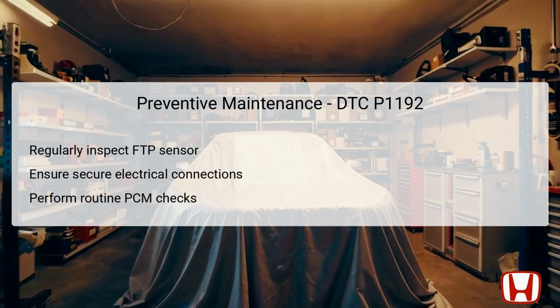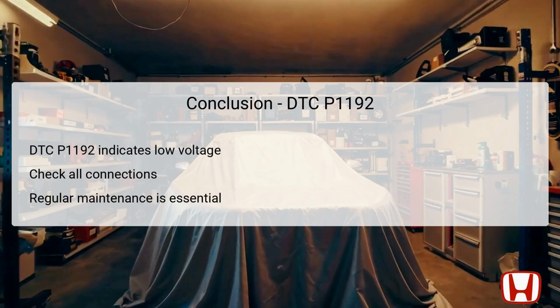By actively engaging in these practices, you can extend the lifespan of critical components and reduce the likelihood of future diagnostic trouble codes emanating from the fuel management system. In conclusion, understanding DTC P1192 and its implications for the 2006 to 2011 Honda Civic is critical in maintaining vehicle performance.